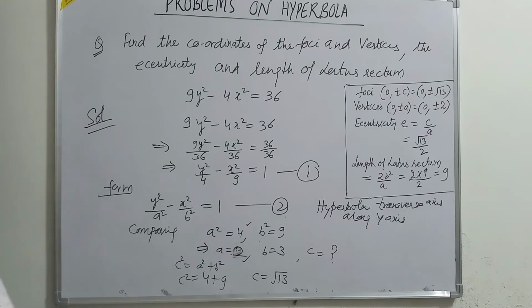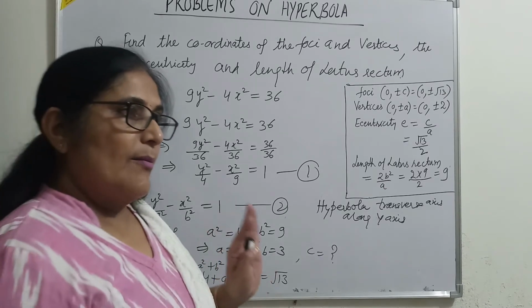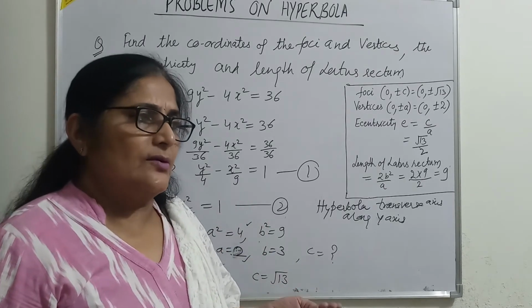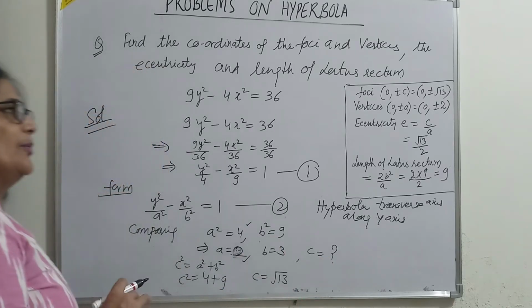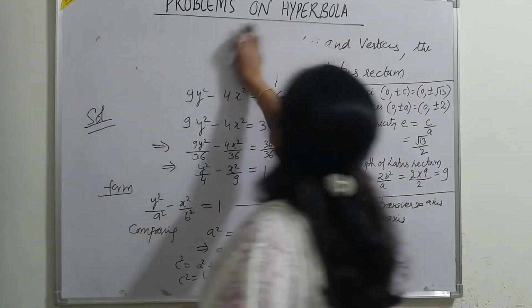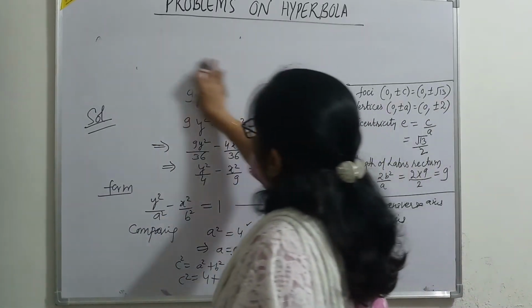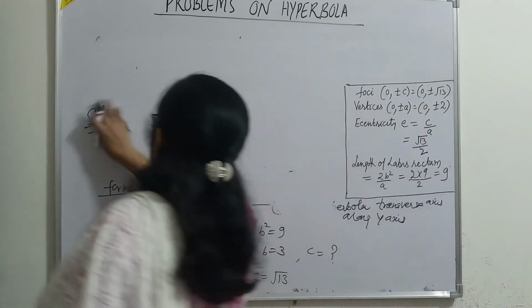Now, next we are coming to the problem in which any two terms are given and you have to find the equation of the hyperbola. This problem is also from the NCERT textbook.